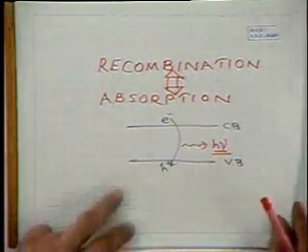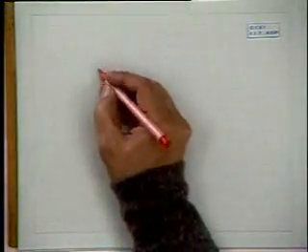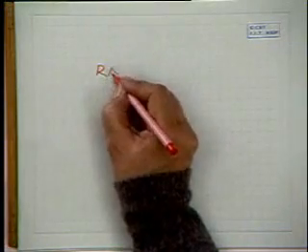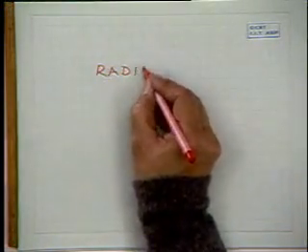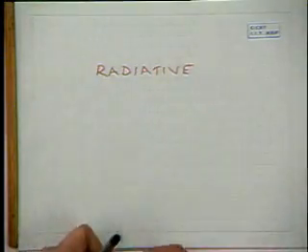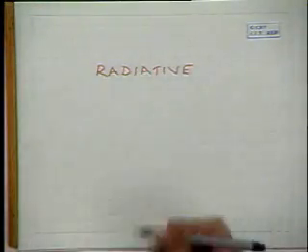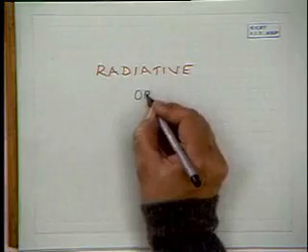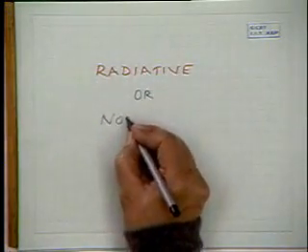However, recombination need not be radiative. Recombination can in general be radiative, which results in light emission, or non-radiative.